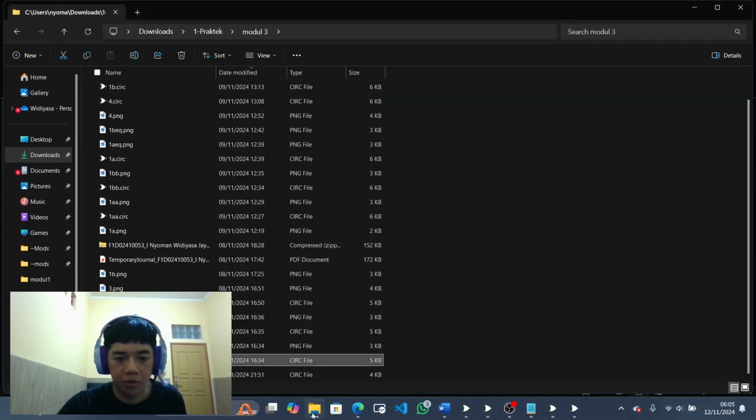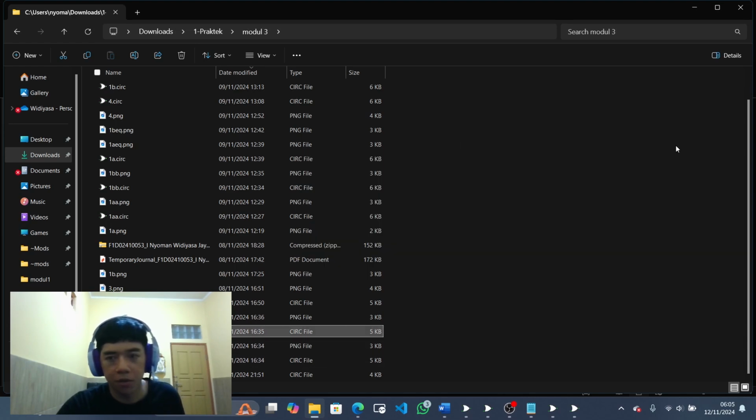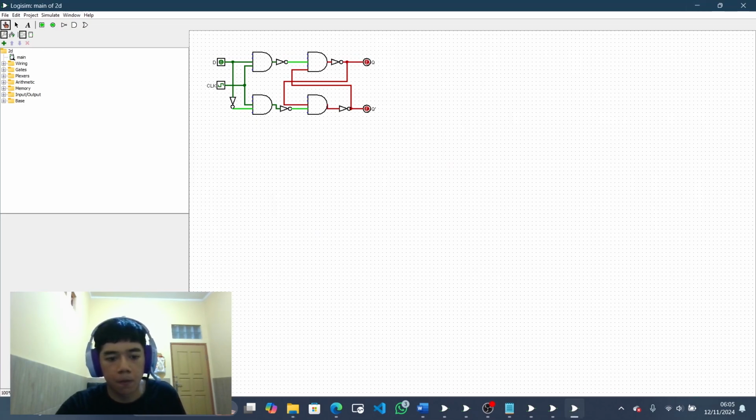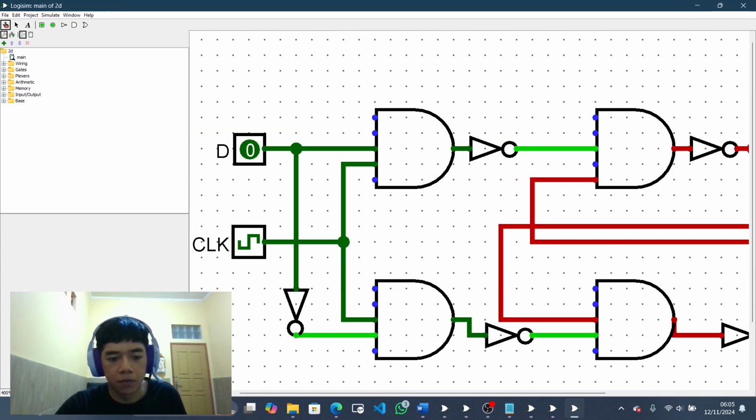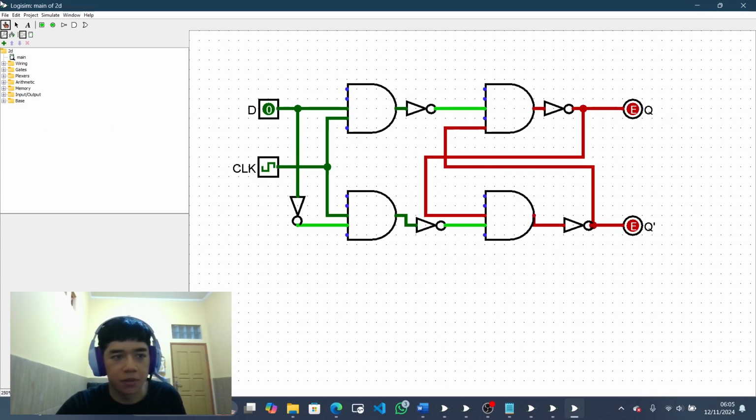So let me show you a demonstration for a bit. Let me zoom in. Right. Let me get the clock ticking. So it just activates right away because none of the values here are going to be 0 and 0. So it's either going to be 0 here and 1 here, or 1 here and 0 here.